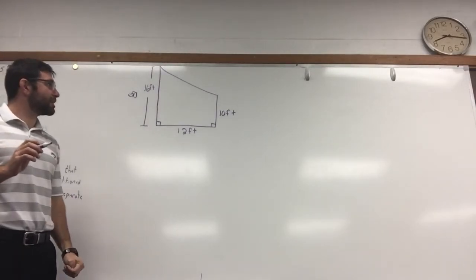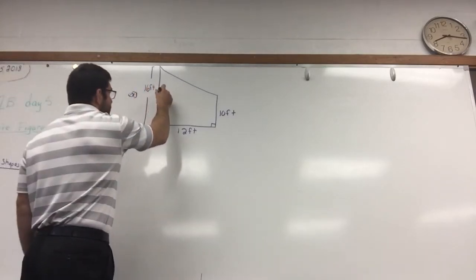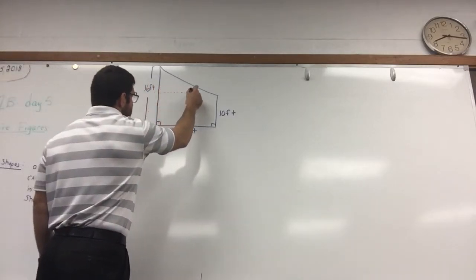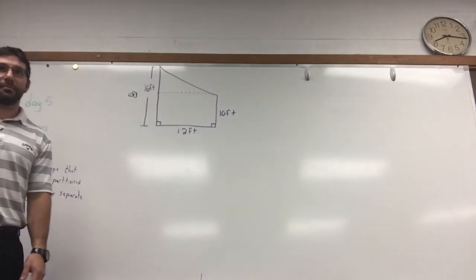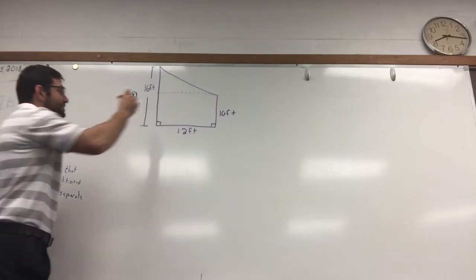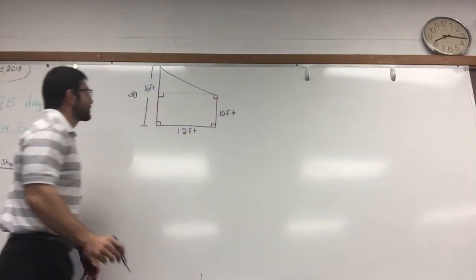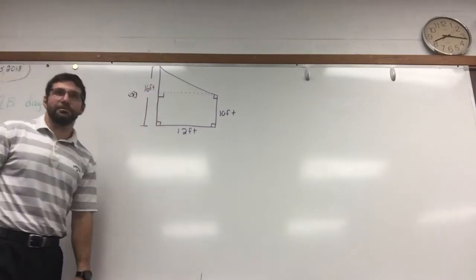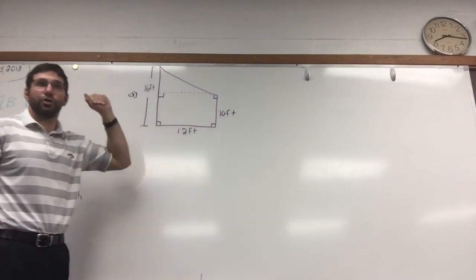So now let's do this. I can dash this line. Everybody still with me? Which means this is also 90. But now I've got a triangle. This side is 12, this side is 10. Good.